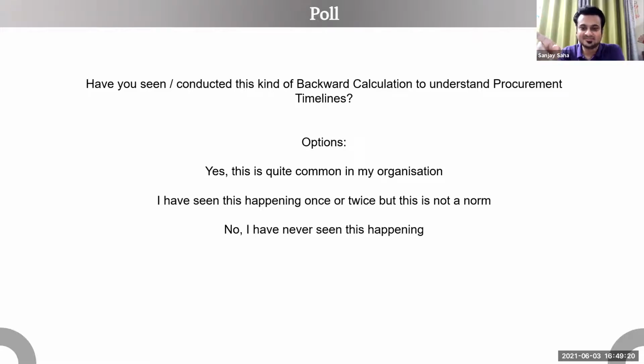Yeah. It also needs to be understood that delays in the process not just result in delay in getting the products, but also drive the price up, because that means you have less time to get the right number of suppliers to have better competition.